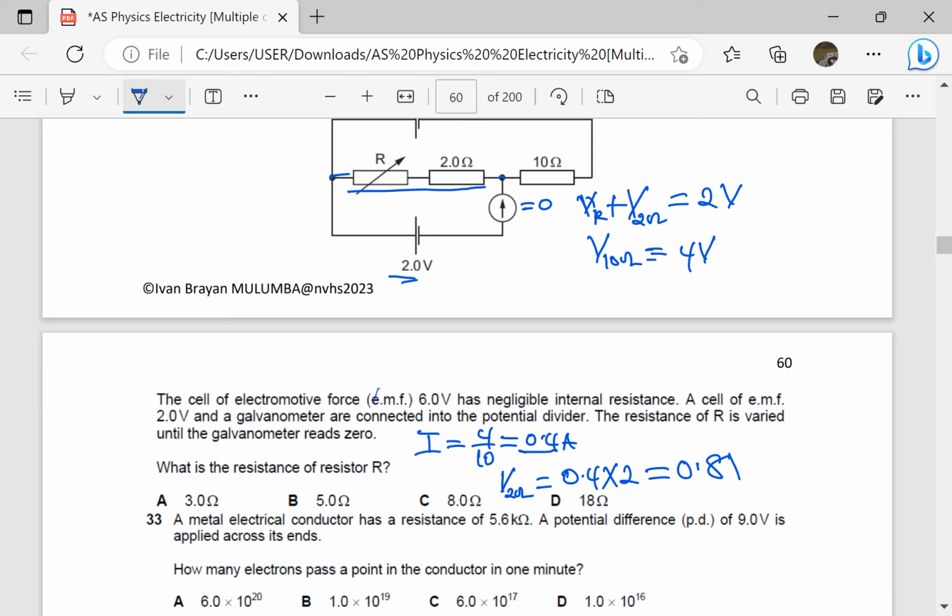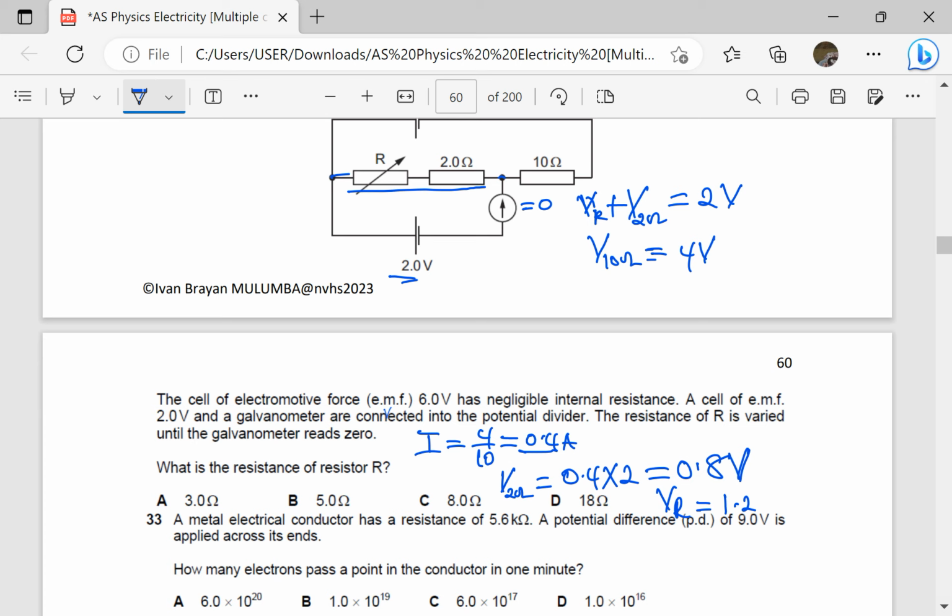So that is the PD across the 2 ohms. But remember, the total PD across R and 2 ohms is 2 volts. That means the PD across R is going to be 2 minus 0.8, which is 1.2 volts.